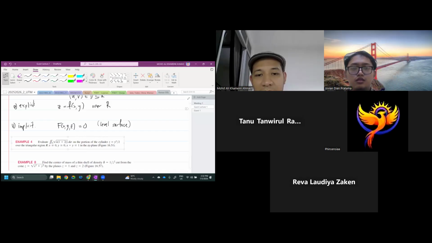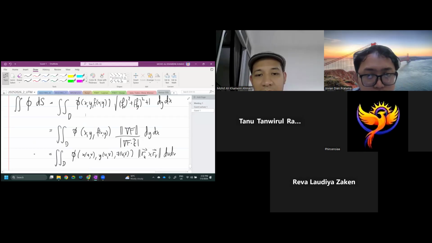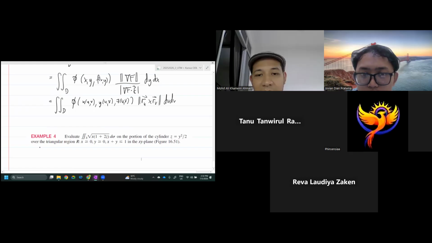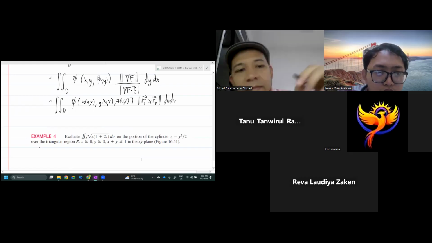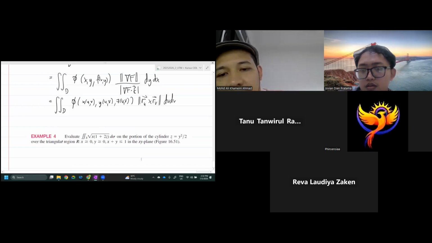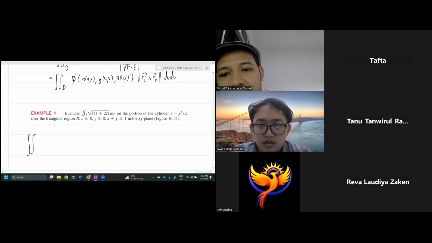So we are going to integrate over sigma x(1 + 2z) dS. Our scalar function f(x,y,z) is equal to x(1 + 2z). And what is our sigma here?